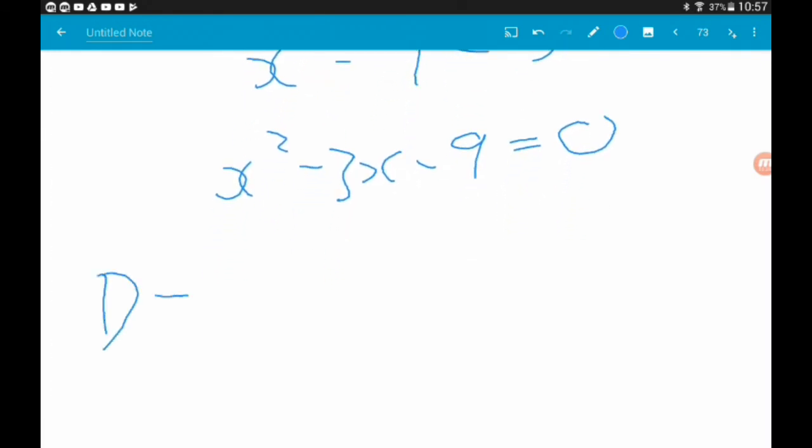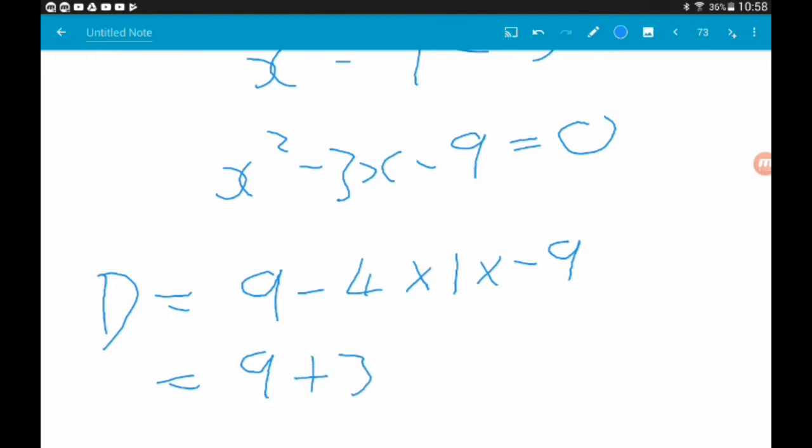So D is minus 3 squared, which is positive 9, and then minus 4ac, so minus 4 times 1 times minus 9. Minus 4 times 1 is minus 4, times minus 9 is positive 36. So we've got 9 plus 36, which is greater than 0.